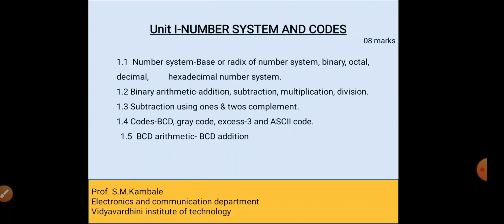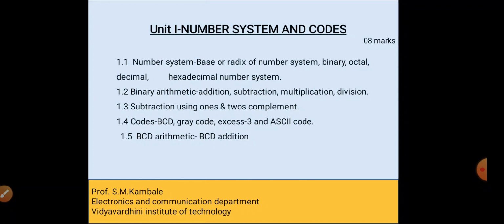XOR operation is nothing but, if there is 1 and its XOR is with 0, then the output is 1. If there is 0 and its XOR is with 1, then its output is 1. If 1 XOR 1, then the output is 0. If 0 XOR 0, then the output is 0.